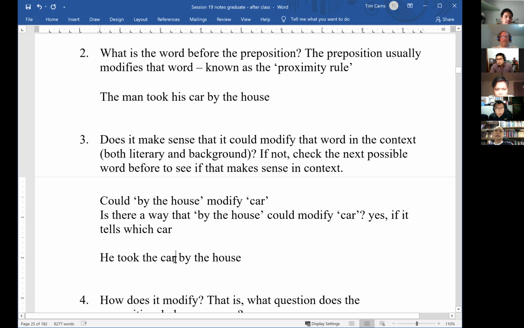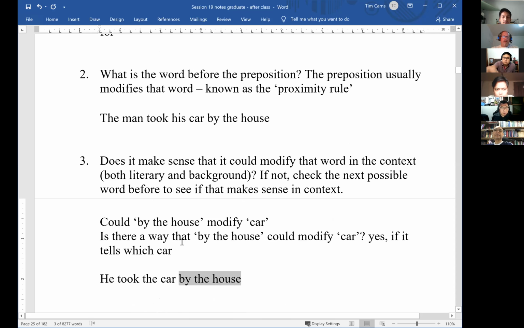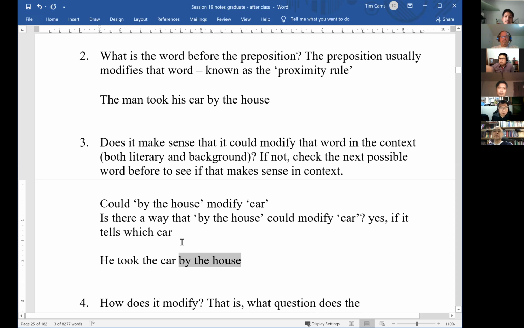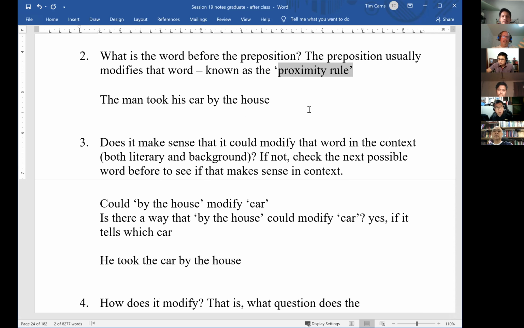Okay. But the idea is just, you're asking yourself the question, could it make sense? If it's yes, then that's likely modifying that word, because by the proximity rule, the word closest to the preposition is normally the one it's modifying. But we have to check that to see if it makes sense, because sometimes that's not the case.